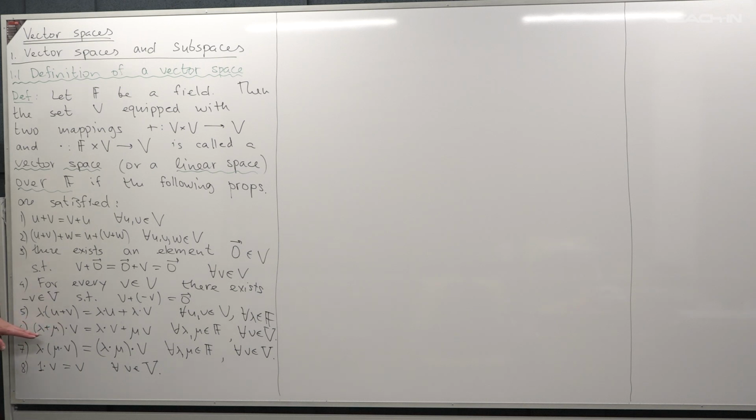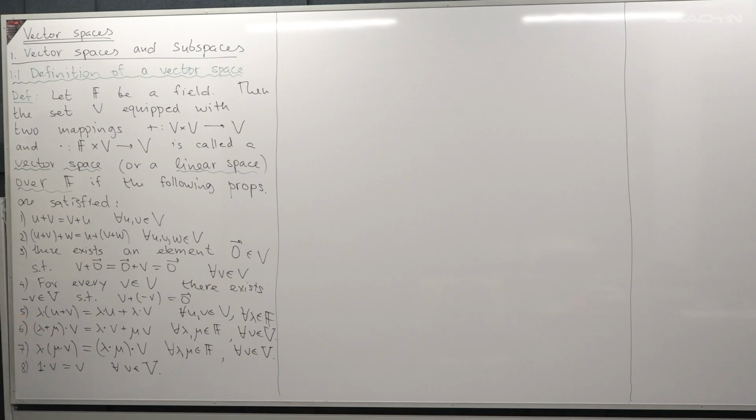In the left-hand side of property 6, we take the sum of the elements of the field. So lambda and mu are elements of the field, and in the field F we have 2 operations, the first of them is denoted also by plus, and so this is the plus from the field.